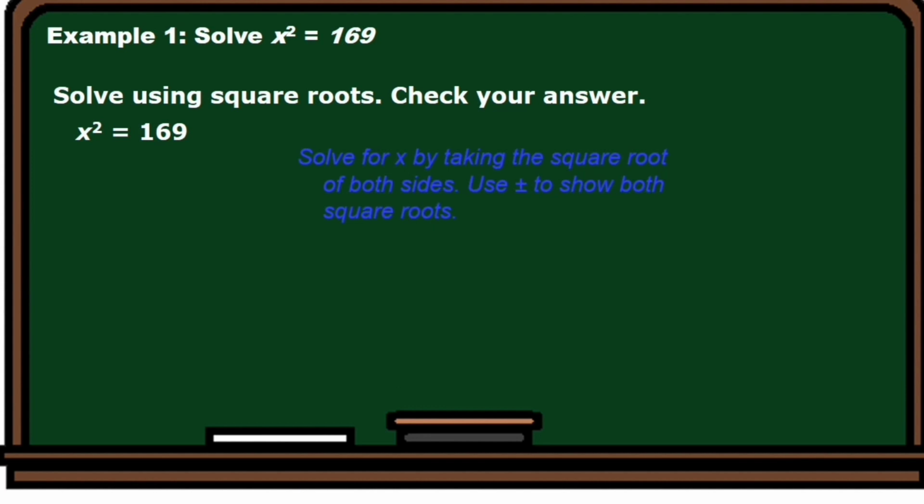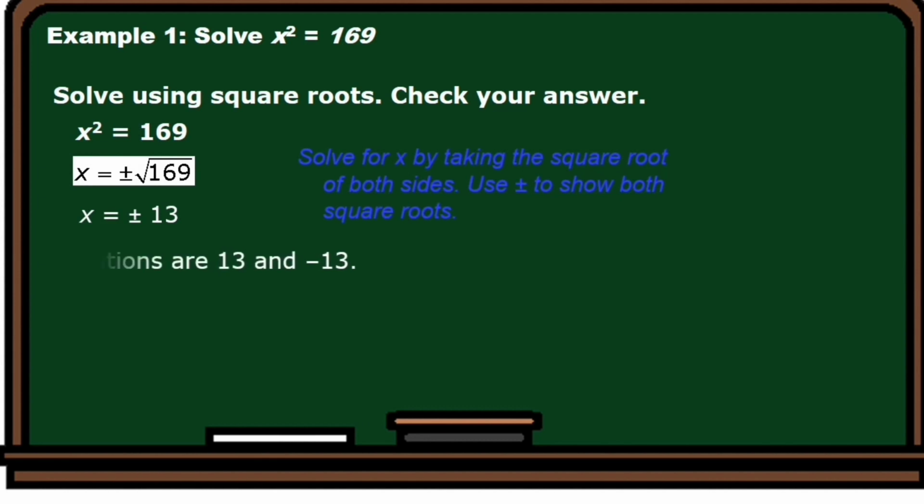Use plus or minus to show both square roots. x is equal to plus or minus square root of 169. And we will get x is equal to plus or minus 13. The solutions are 13 and negative 13.